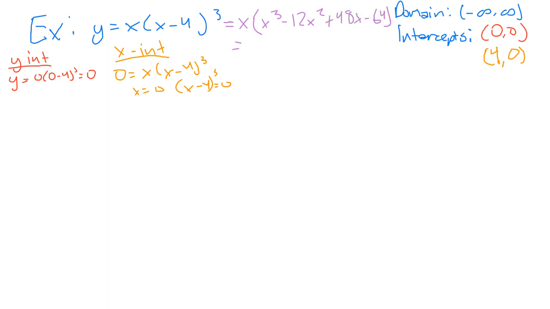This then goes to x to the 4th minus 12x cubed plus 48x squared minus 64x.